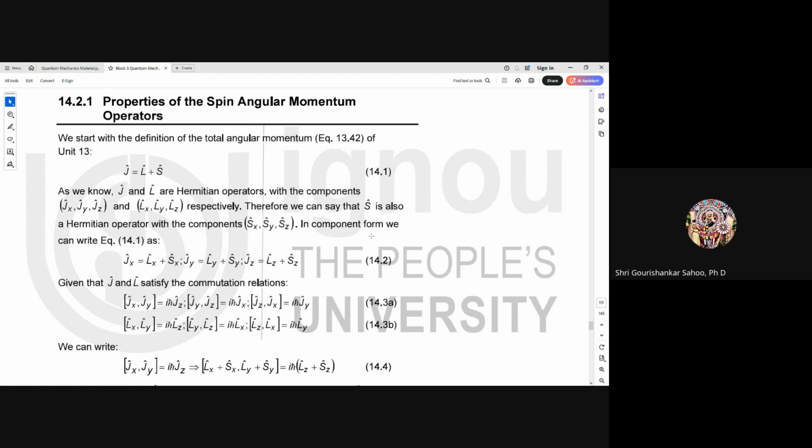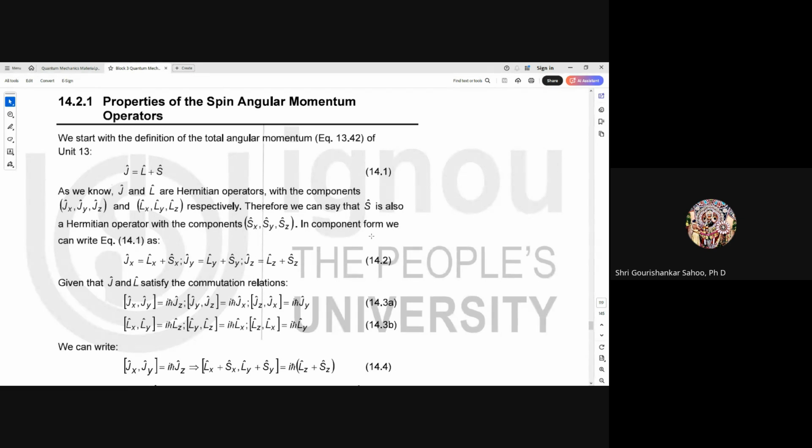So we can say that S cap is also a Hermitian operator with components Sx cap, Sy cap, and Sz cap. So in component form, we can write Jx cap is equal to Lx cap plus Sx cap, Jy cap is equal to Ly cap plus Sy cap, and Jz cap is equal to Lz cap plus Sz cap.